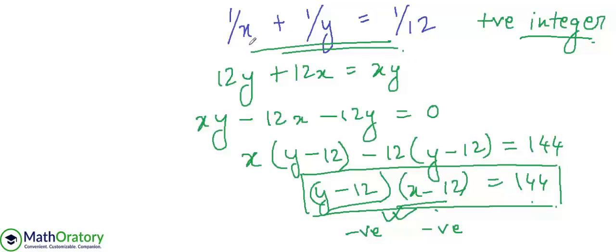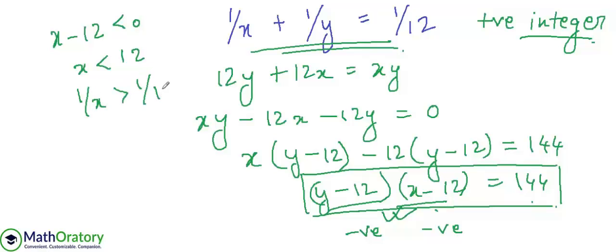Now here, if x minus 12 is negative, then x is less than 12. And if x is less than 12, then 1 by x must be greater than 1 by 12, remembering x is positive.